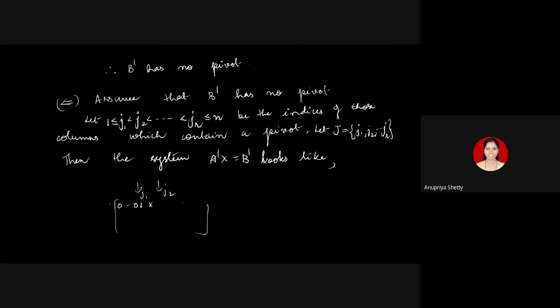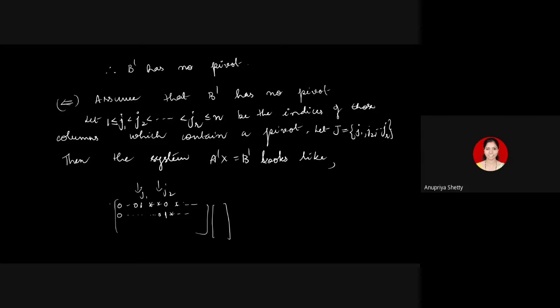Rest there could be any other non-zero entries present. There is 1 in the J1th position. J2 has a pivot, but in some other row. Same row cannot have 2 pivots, remember that. Here there would be 1, this entry would be 0, and there could be anything else here.